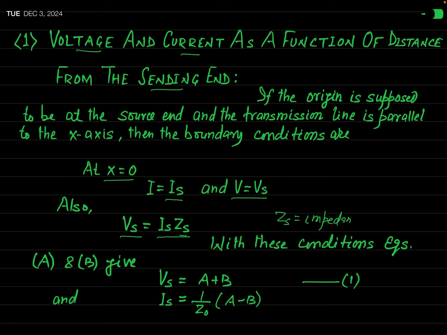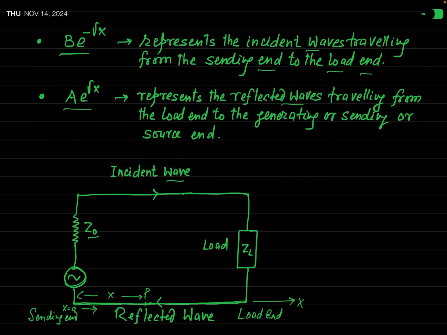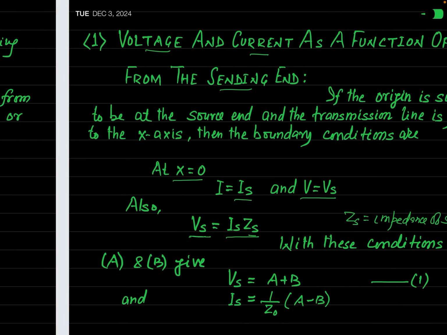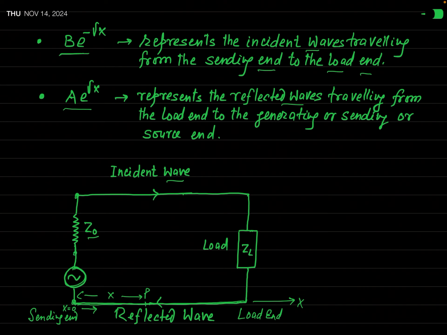Zs is the impedance of the source. So at the sending end, the voltage between these two points will be equal to Vs. In fact, we consider that our source has an impedance Zs, and it sends a current Is.